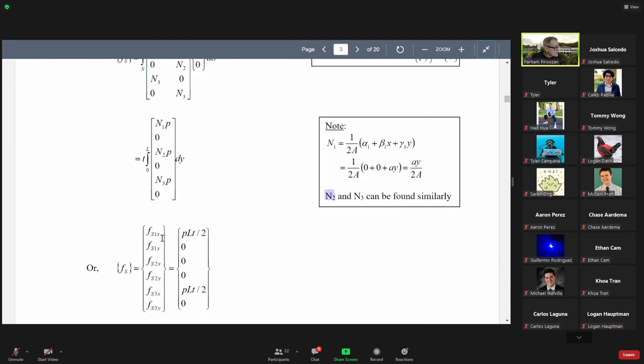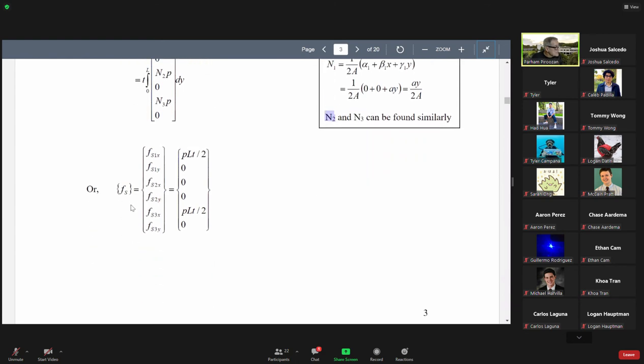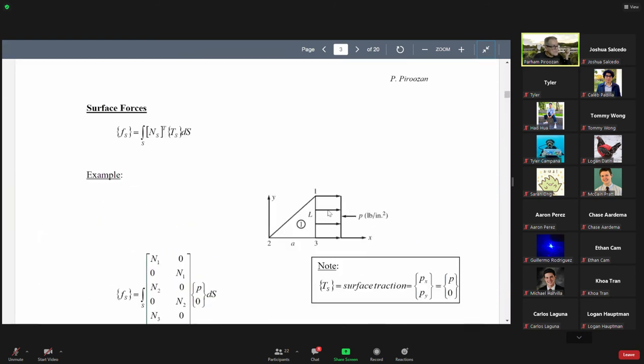And then if we put them, we get the result of this surface forces, at node 1 in the X direction, at node 1 in the Y direction, the same at node 2, and at node 3. We get PLT over 2 and PLT over 2. You see here, this force is force per unit area, but L times T is the length of this times the thickness of this.